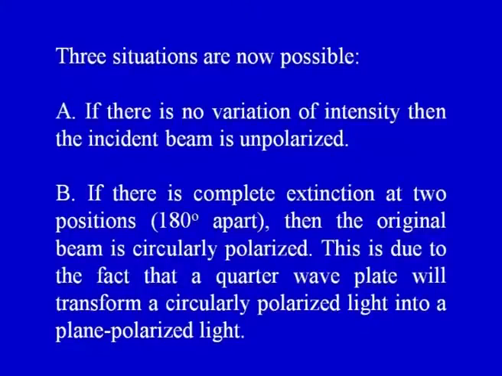B, if there is a complete extinction at 2 positions 180 degrees apart, this means the original beam is circularly polarized. This is due to the fact that a quarter wave plate will transform a circularly polarized light into a plane polarized light. You see, the incident beam being circularly polarized means a combination of 2 perpendicular plane polarized lights with a phase difference of pi by 2.